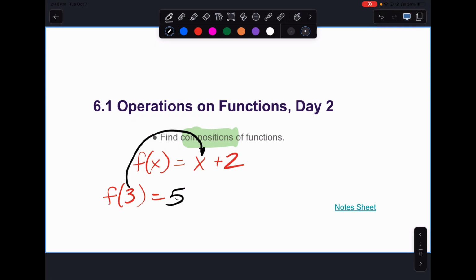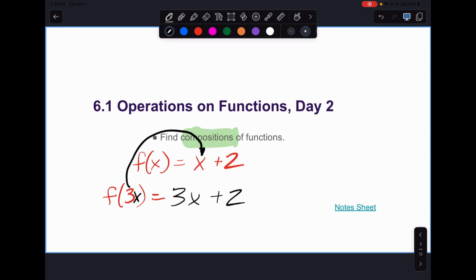We can do that on a larger scale. It's not always going to be a single number. It could be 3x. If I put 3x in there, then all that changes is it would be 3x plus 2.